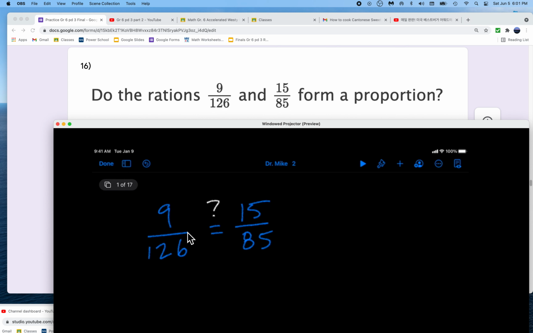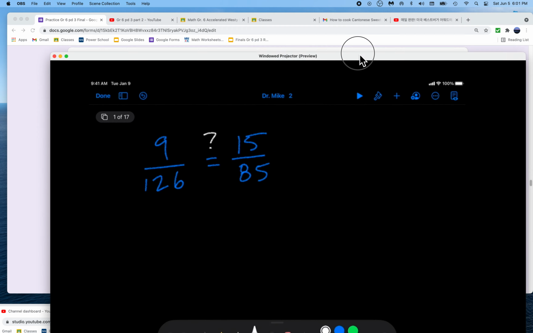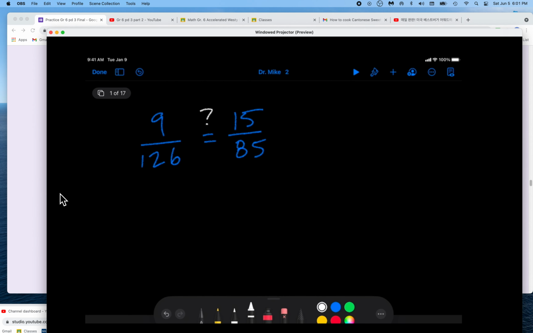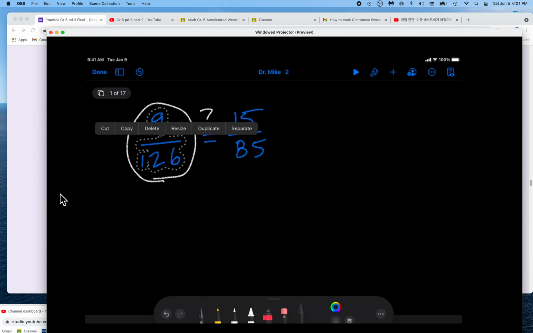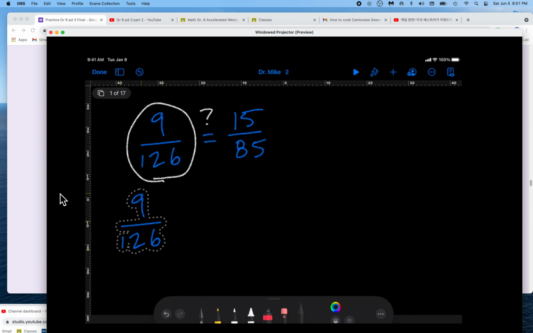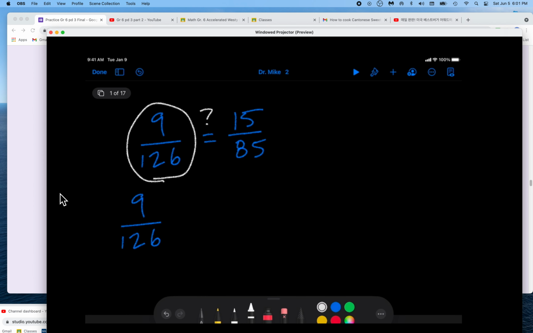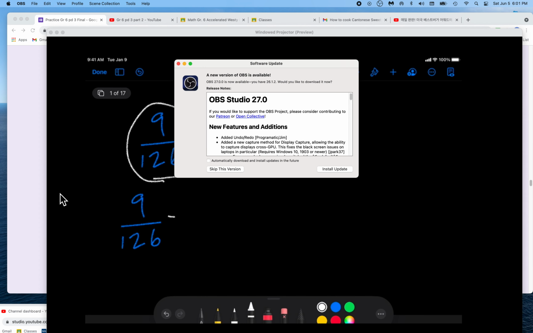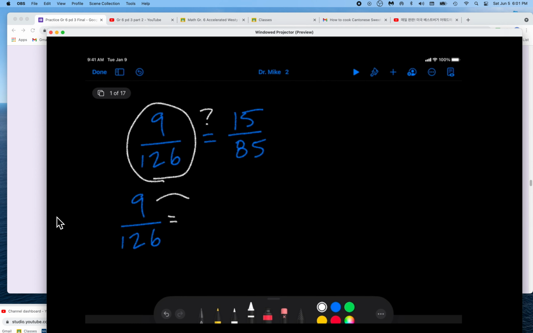So the first thing I would do here is go ahead and make these respective ratios smaller. So let's start with this one. Always, folks, break down the smaller fraction. Always start with the smaller number.